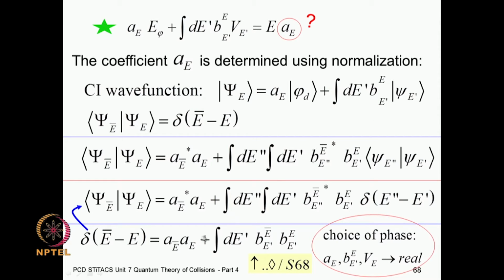So, the left hand side is nothing but the Dirac delta, and then on the right hand side you have got the AE bar AE. There are two different energies I am considering, mind you, both are in the continuum, E and E bar.